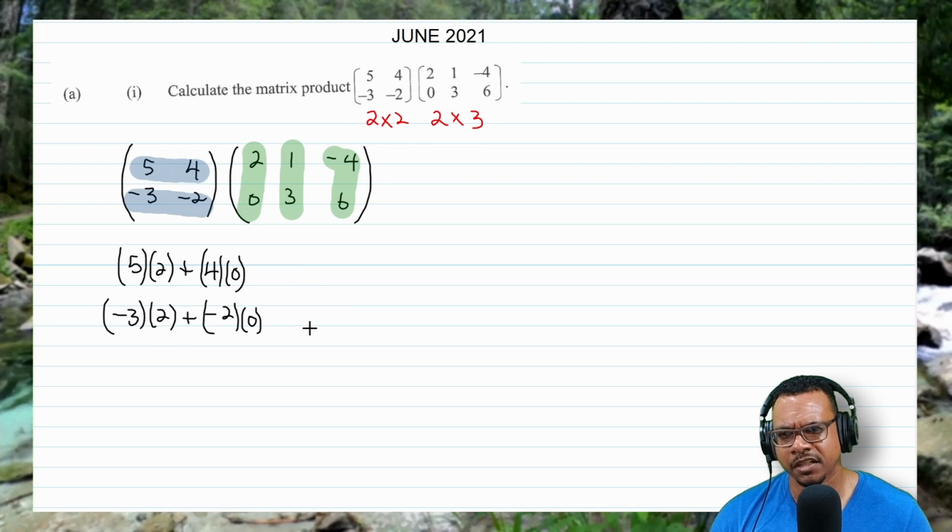All right, so now come for the middle. So we're going to the top with the middle. So 5 by 1 plus 4 by 3. Then come to the bottom with the middle. So this negative 3 by 1 plus the negative 2 by 3.